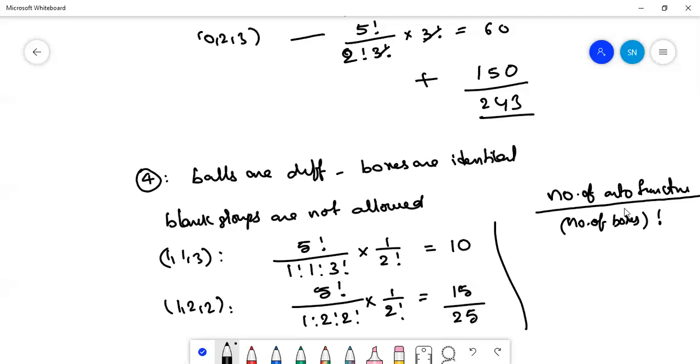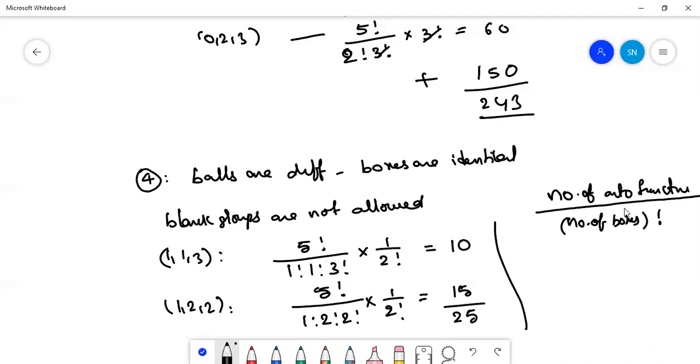Arrangement is not required when boxes are identical. Whereas in the number of onto functions, we make them into groups and after making them into groups, we arrange them into the boxes. But in the last case, boxes are identical, so there is no need to arrange the packets into boxes. That's where that factorial comes in.